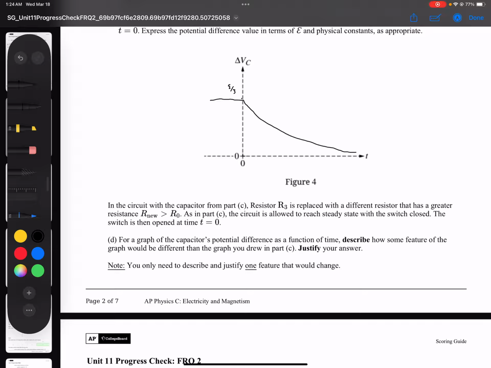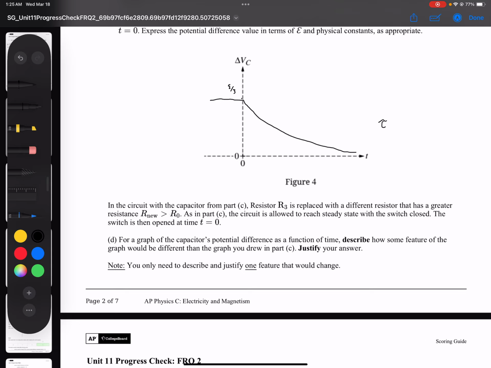And that's enough to answer that question because it's just described. You have to justify just one difference. It says you have to describe how some feature of the graph would change. You only need to describe and justify one feature. Another feature that would change would be the amount of time it takes to discharge the capacitor.